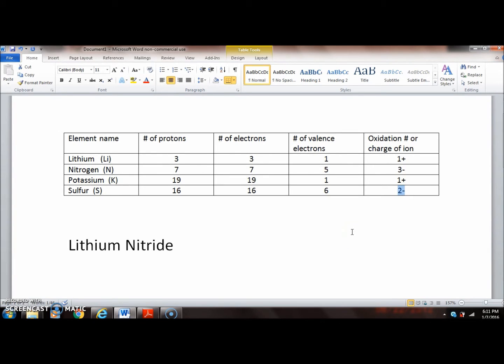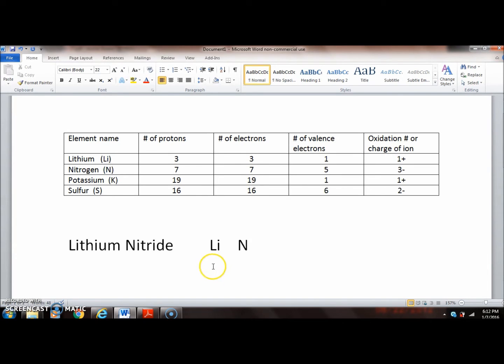So now that we know all this information, we can begin to write chemical formulas. So the first one we want to demonstrate here is lithium nitride. So lithium nitride contains the element lithium, also the element nitrogen, right?